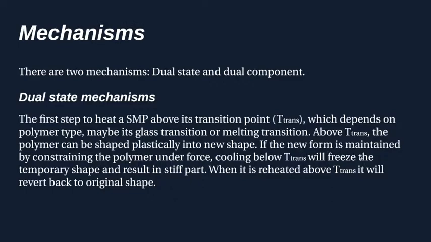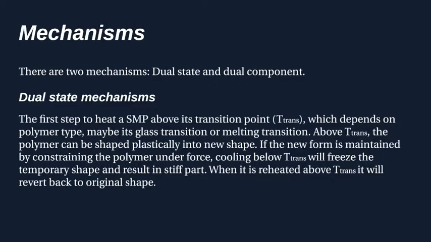If the new form is maintained by constraining the polymer under force, cooling below the transition point will freeze the temporary shape and result in a stiff part. When it is reheated, it will revert back to the original shape. So you go for the deformation, shape plastically into a new shape, maintain it by constraining the polymer under force, and then cool down.